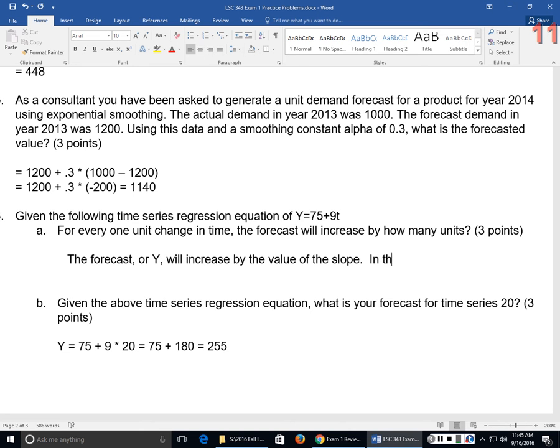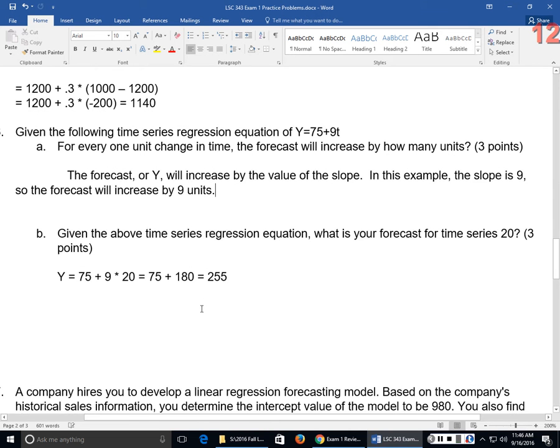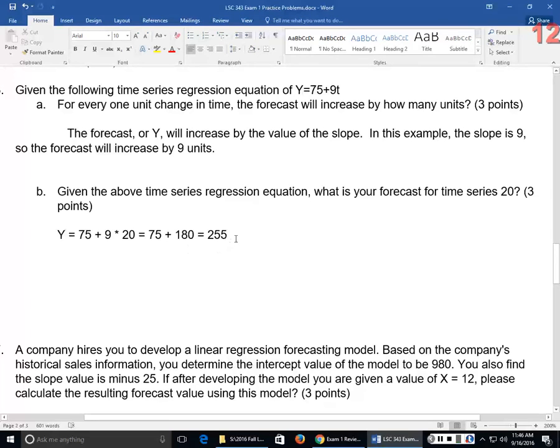And in this example, the slope is 9, so the forecast will increase by 9 units. You only have to answer 9, right? I'm only doing that so if somebody's looking back at this for reference, they understand that. But you just have to answer that question directly. Okay.